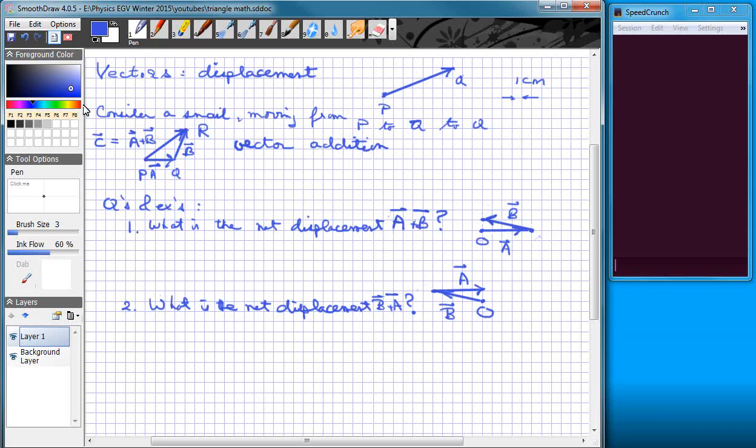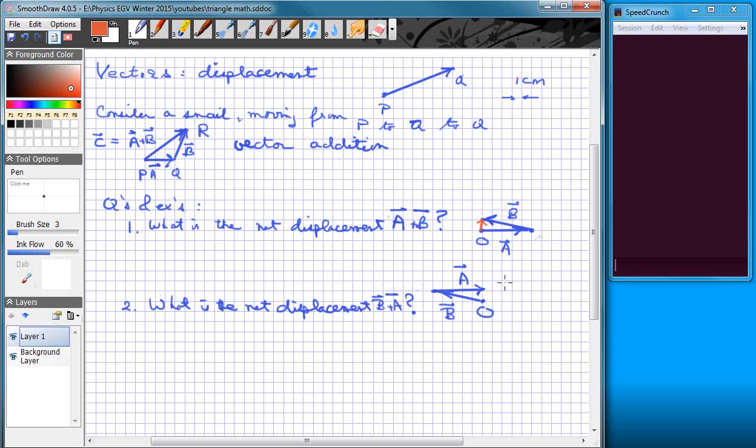And so perhaps I can choose a different color here, and I can draw this in as this vector right there. So this would be the net displacement if I took A followed by B.